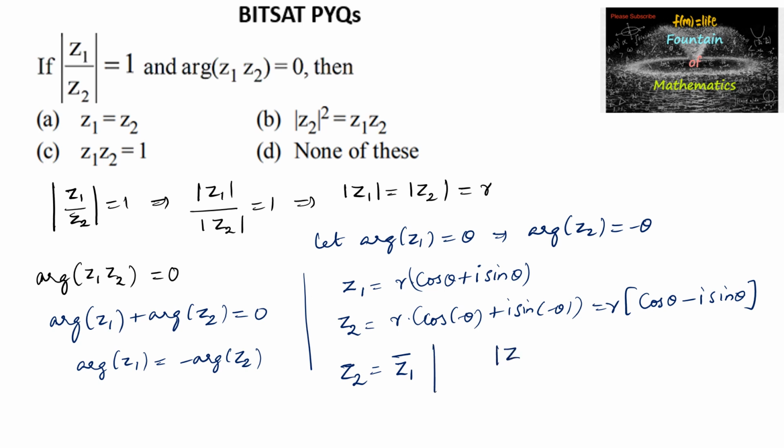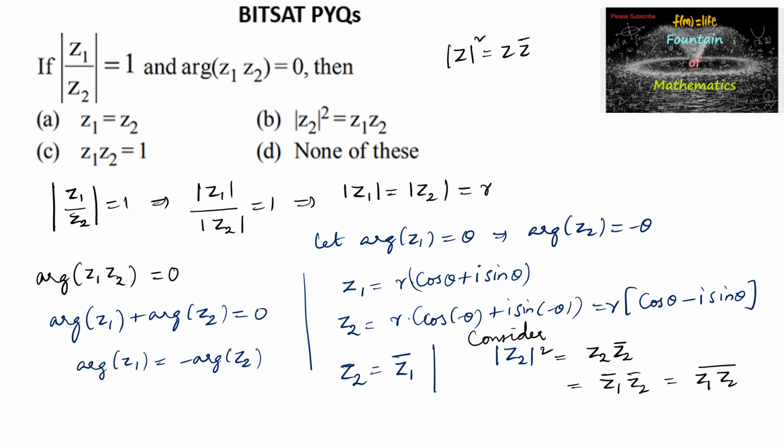and now consider mod of z2 square, which is equal to z2 into z2 bar. According to the property, mod z square is equal to z into z bar, so we can write z2 into z2 bar. So z2 is nothing but z1 bar, and z2 bar is nothing but z1, so z1 bar into z2 bar is nothing but z1 z2 whole bar.